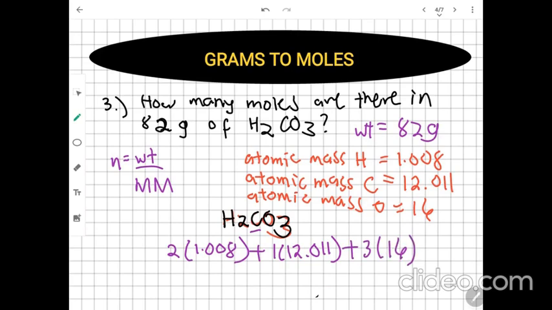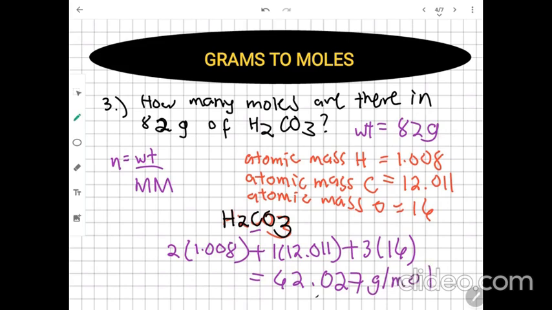So the value here is, let's use my calculator, 2 times 1.008 plus 1 times 12.011 plus 3 times 16. So the value here is 62.027. So here the value again is 62.027, and the unit here is grams per mole.